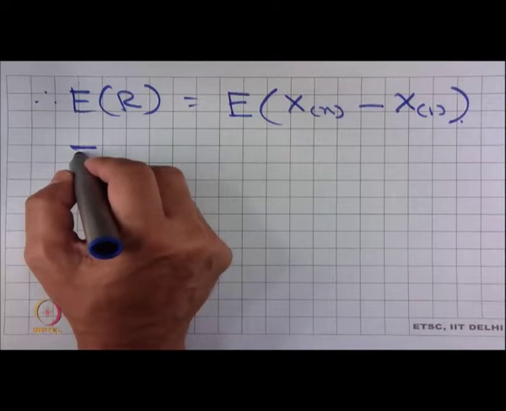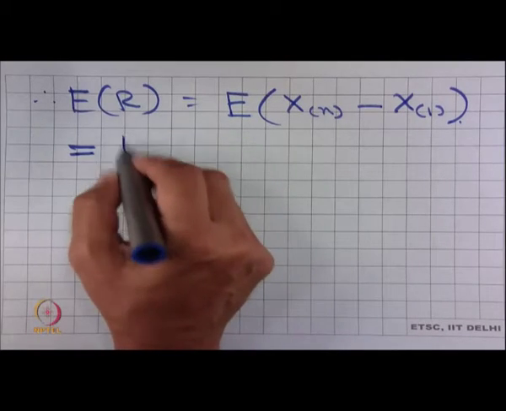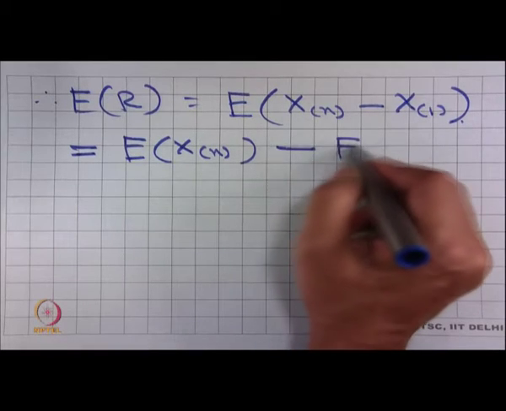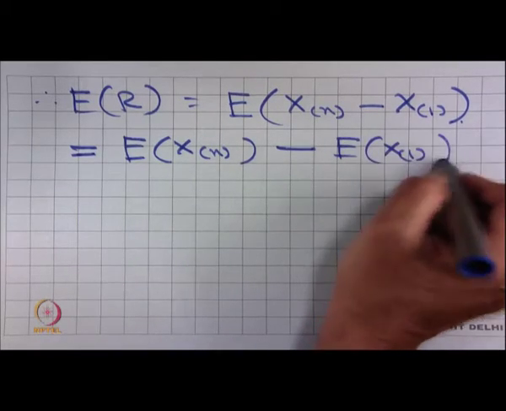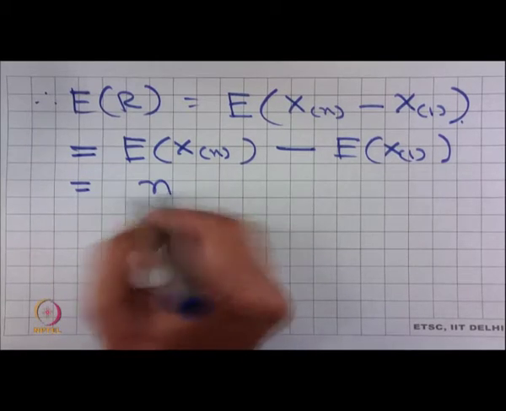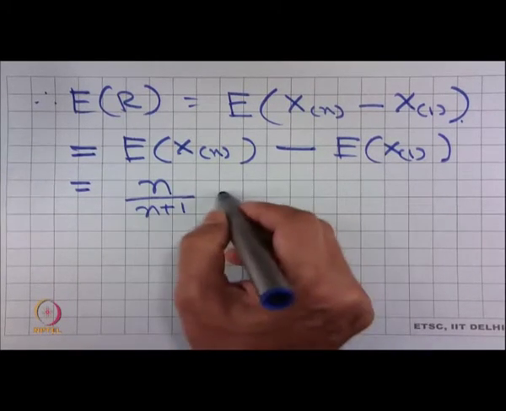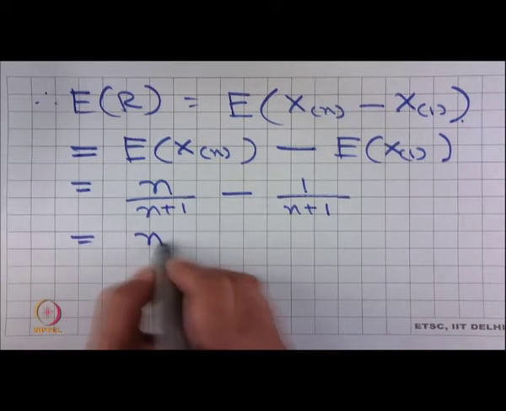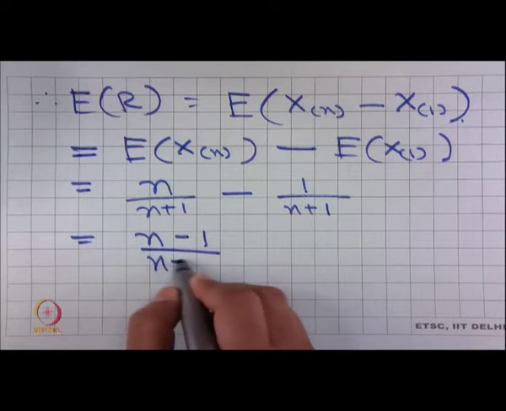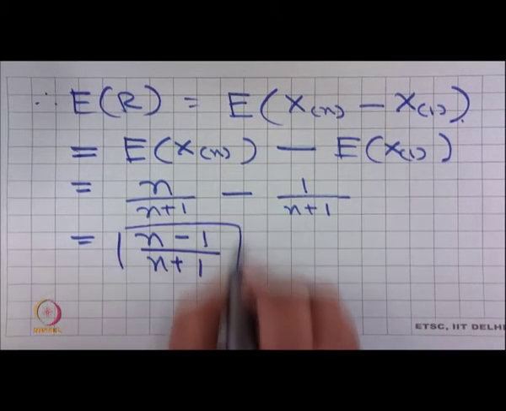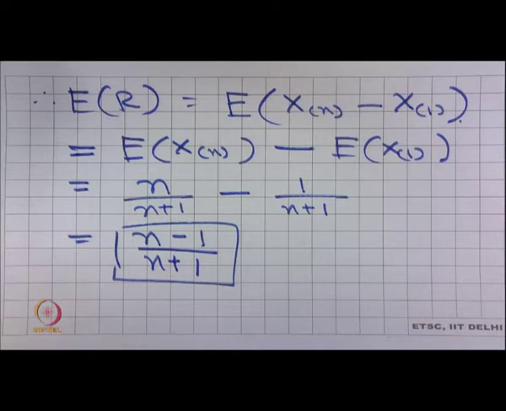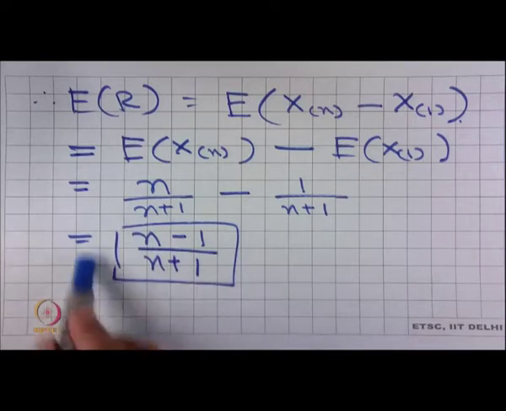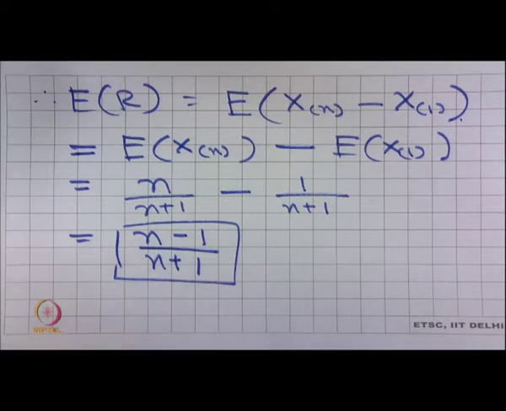By linearity of expectation, we can say it is expected value of x n minus expected value of x 1 is equal to n upon n plus 1 minus 1 upon n plus 1 is equal to n minus 1 upon n plus 1.